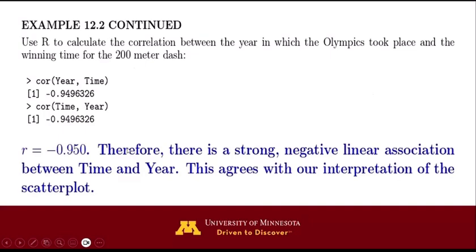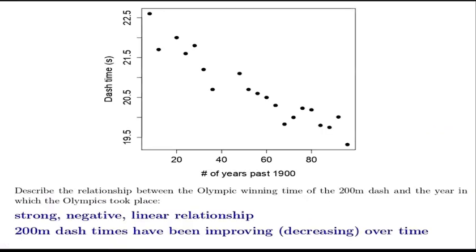This is strong, because it's very close to -1. So it is a strong negative linear association between time and year. If you take a look at the numerical value here, you're going to see it agrees with the plot, with the graphical summary. Take a look at that. They agree.